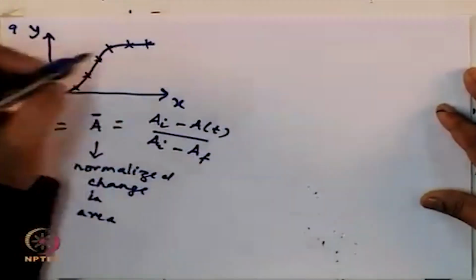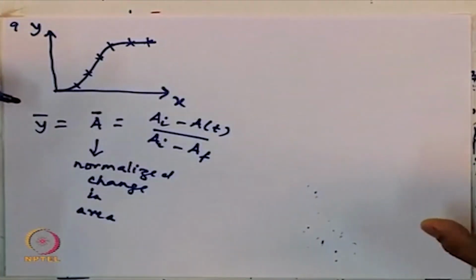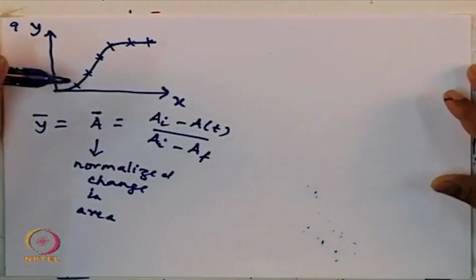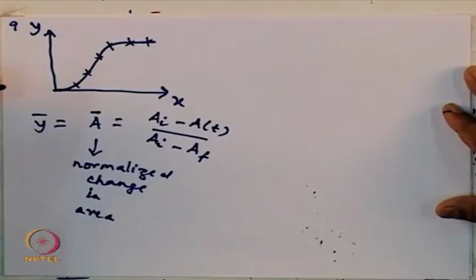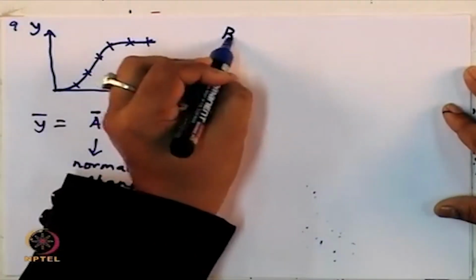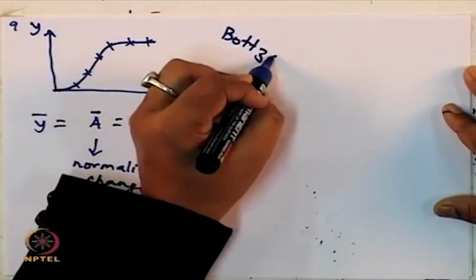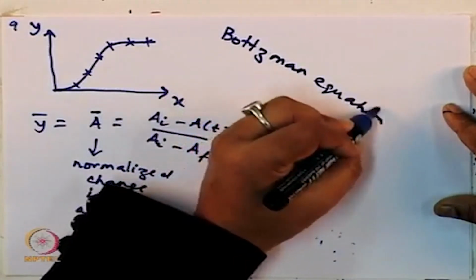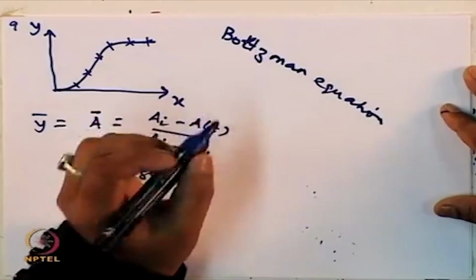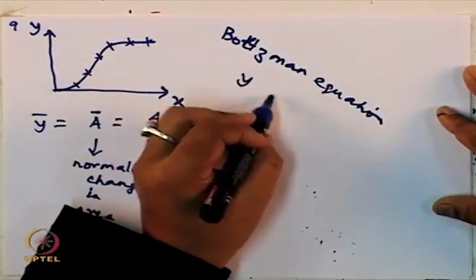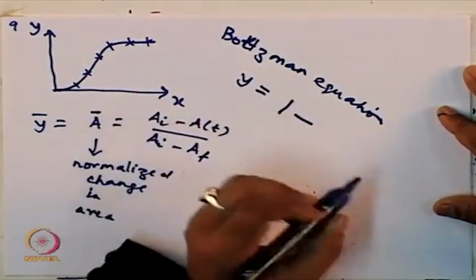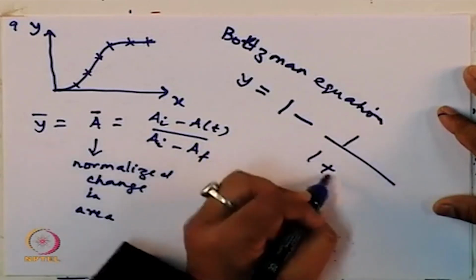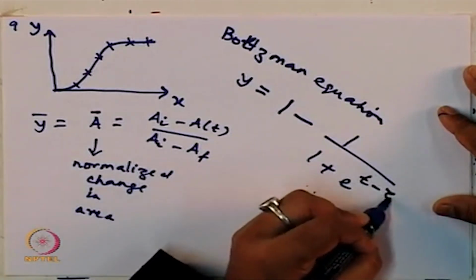Okay. So, this curve is called a sigmoidal curve. Now, one of the equations which is commonly used for a sigmoidal curve is the Boltzmann equation. Here the Boltzmann equation uses y is equal to y1 minus 1 plus e to the power t minus tau 1 by tau 2.